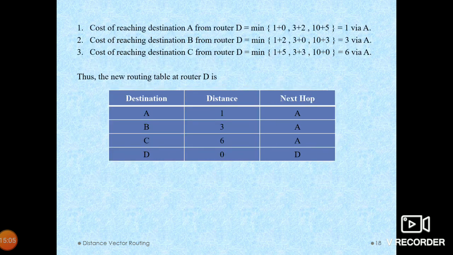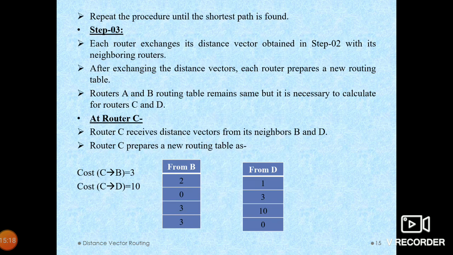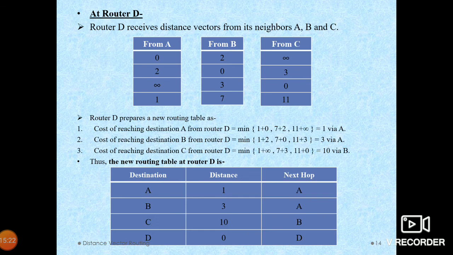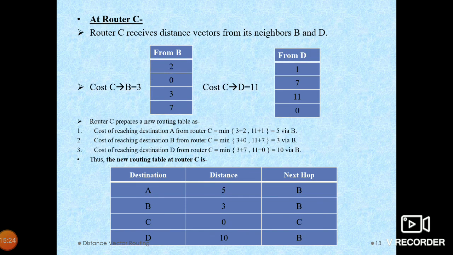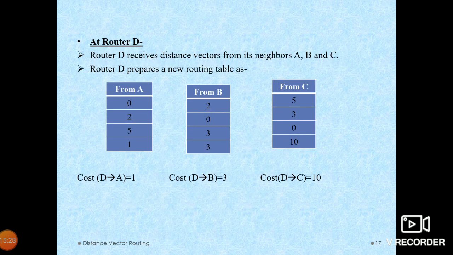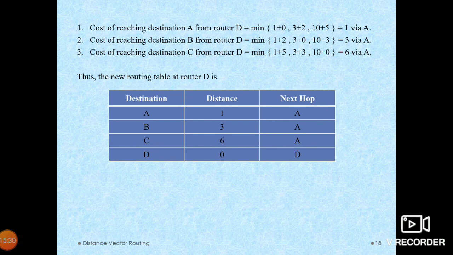So we want to calculate the minimum distance from A, B, C, and we want to update a new routing table at router D. So in the previous routing table at router D, we had found 1, 3, 10, and here 1, 3, 6, 0, which is minimum when compared to the previous routing table.